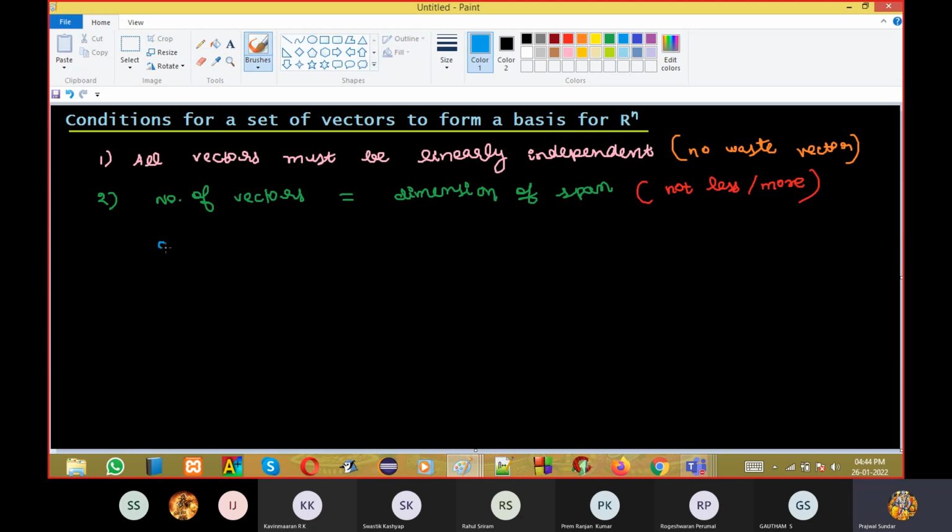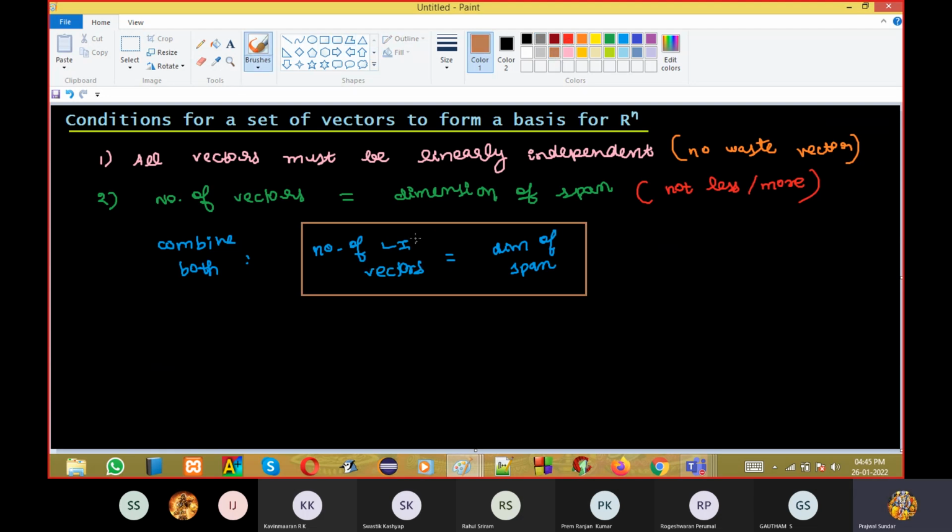Now I can combine the 2 conditions and say in one line: the number of linearly independent vectors should be equal to the dimension of the span. You can also define dimension like this.